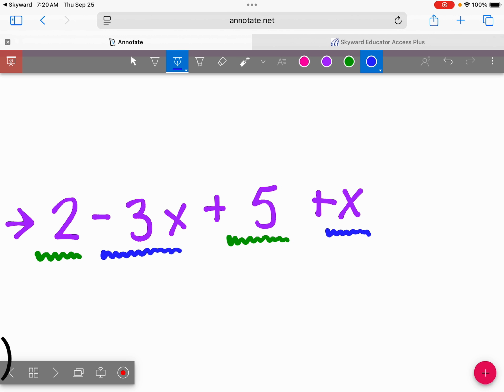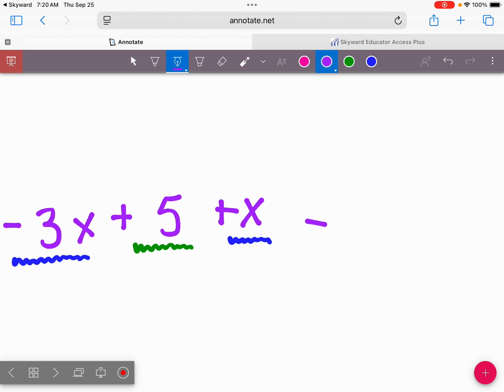I've got two different sets of like terms here. I've got numbers. I've got 2 and I've got 5. And I've got my x's, my minus 3x and my plus x. So we've got our 2 plus 5. Well, 2 plus 5 is going to give us 7.